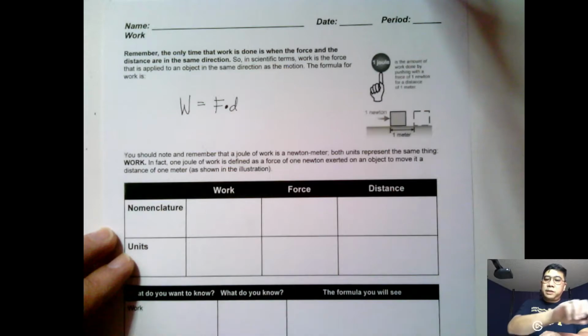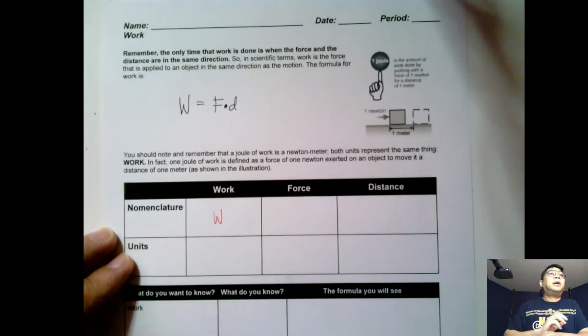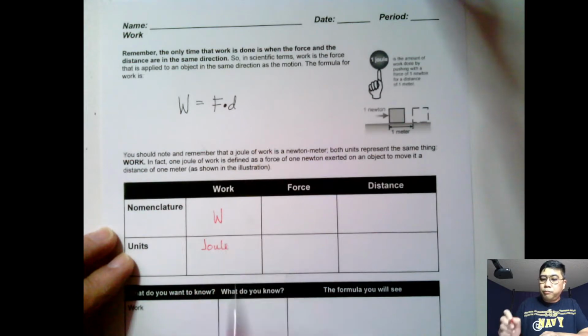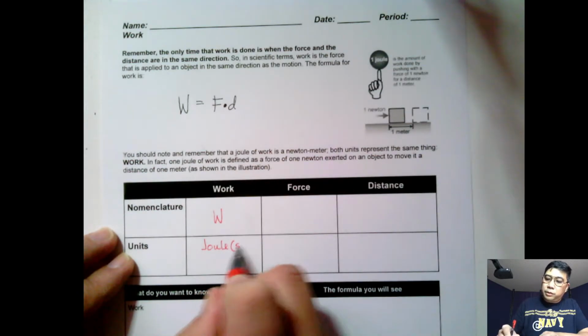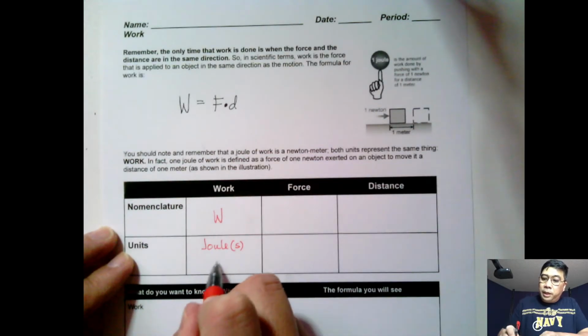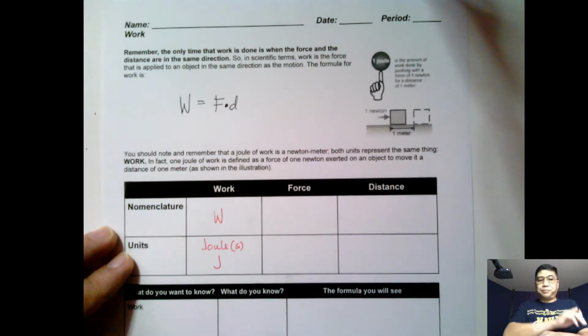Our work is basically a symbol of W, and work is in the unit of joules, or joule, depending on if it's more than one. The symbol for joule is the letter J.